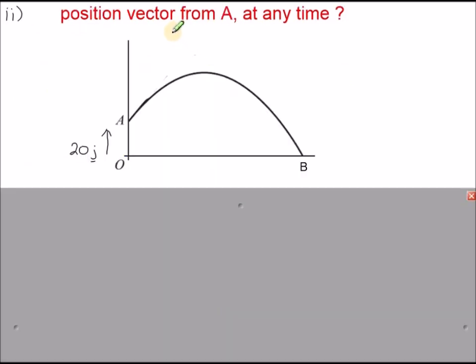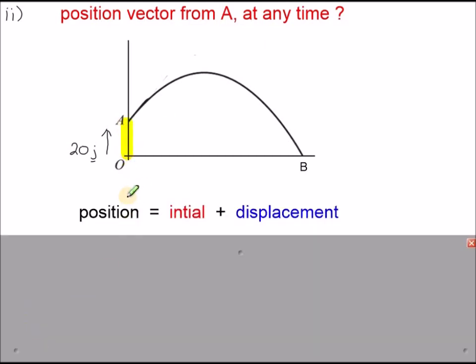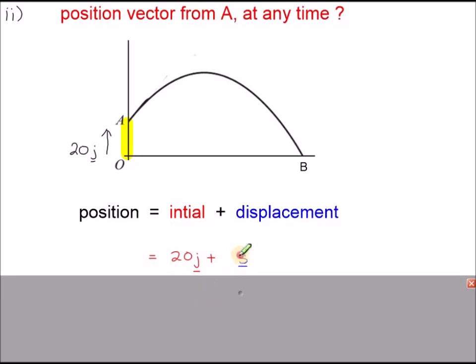Now to work out the position vector from A at any time, we will use the displacement vector that we just worked out, but we need to take this into consideration as well. So the position vector is the sum of the initial position vector, which is 20j, plus the displacement vector s.